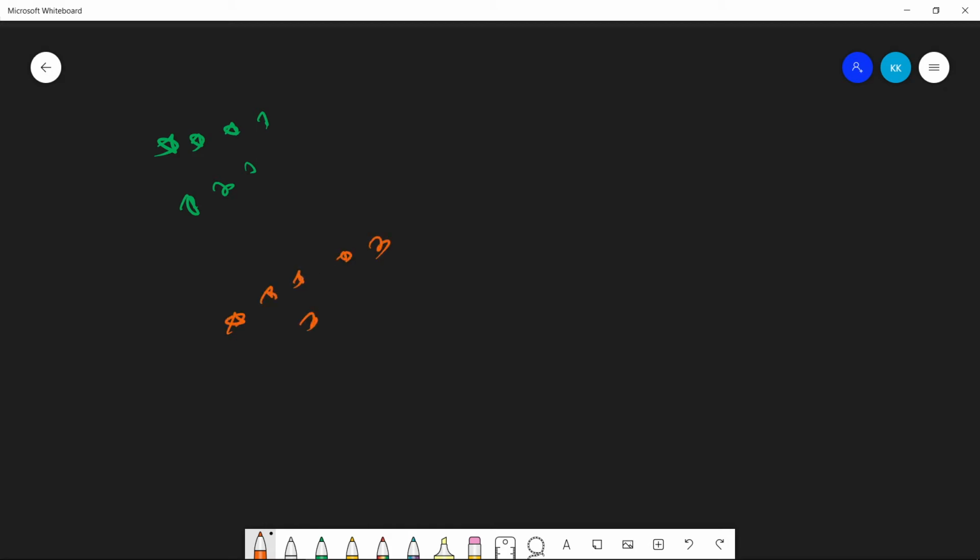So the green class can become y equals plus 1, because this is our positive class, and for the orange class y equals minus 1, and we draw omega, which is normal to our plane.